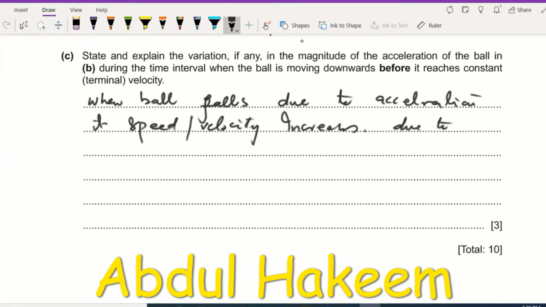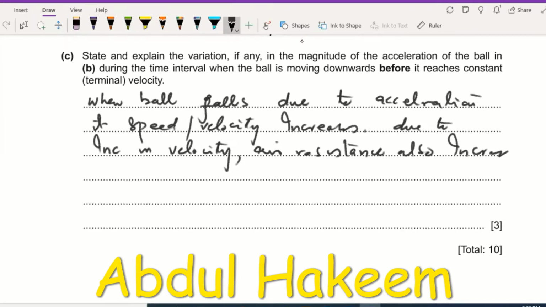Due to the increase in the velocity, air resistance also increases.